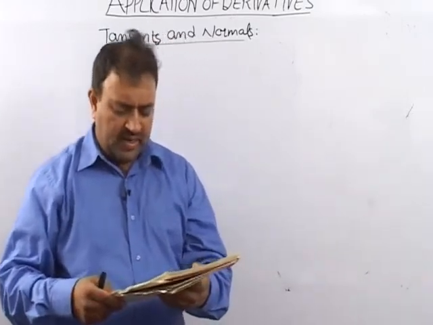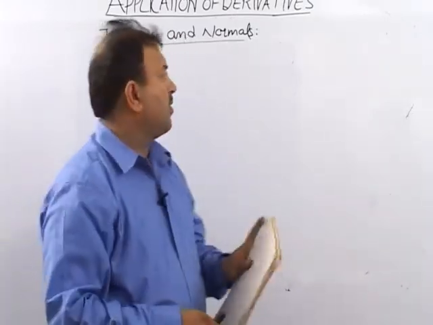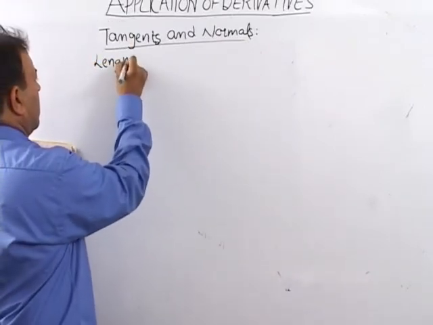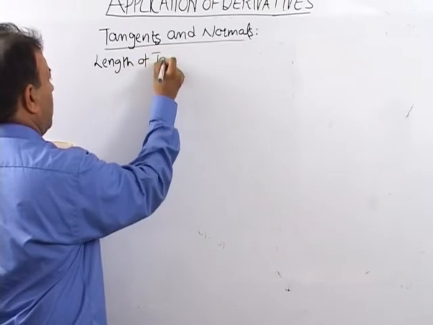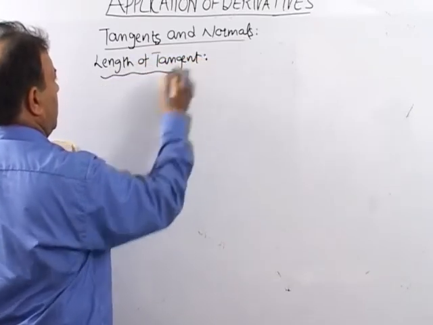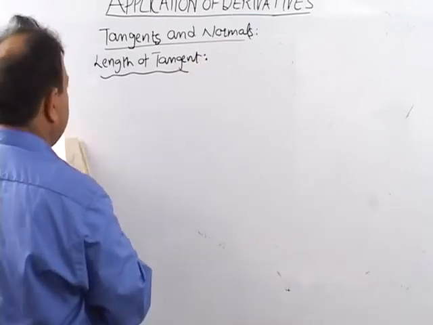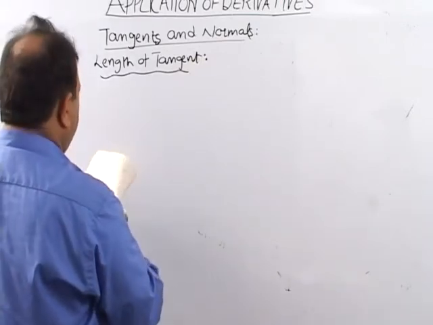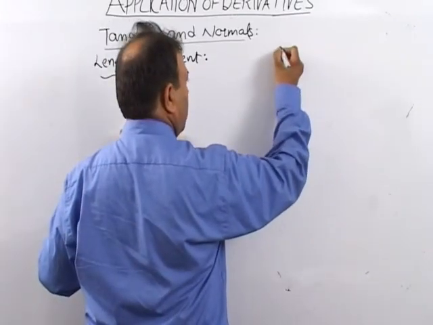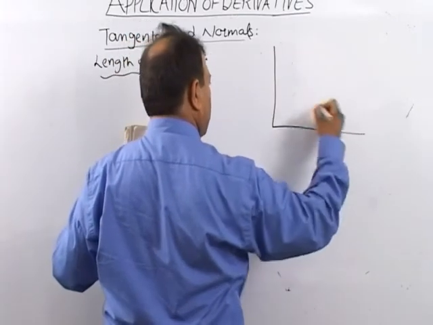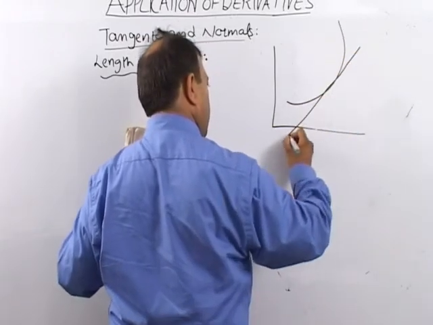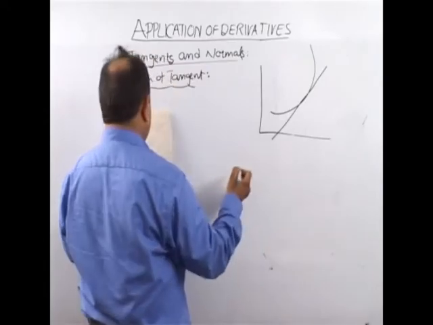Now the next thing is length of tangent. Length of tangent क्या होती है देखो. I draw one curve, this is theta.